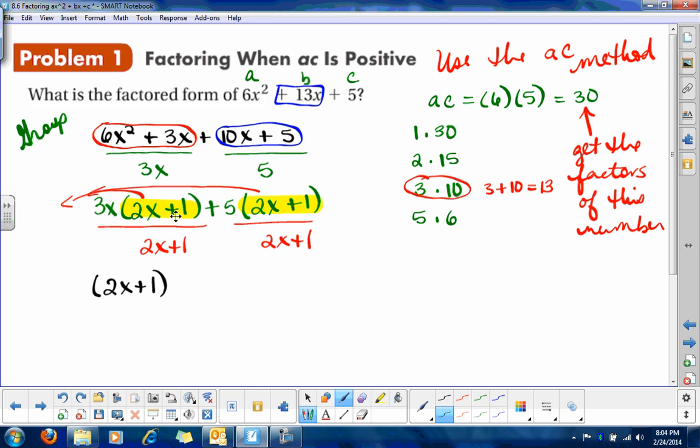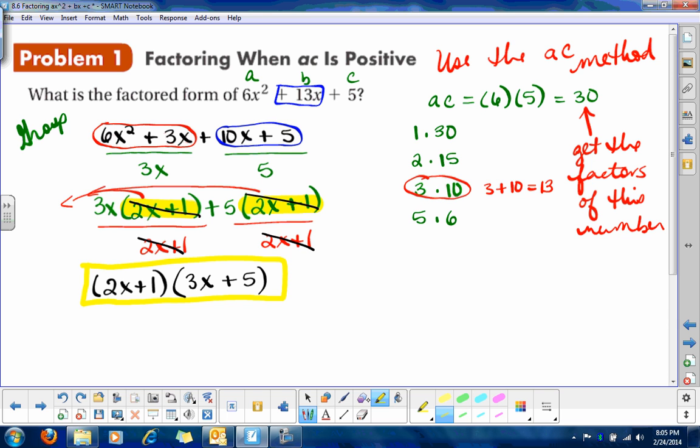The 2x plus 1 here and the 2x plus 1 here will cancel, and what's left is the 3x. And over here, again, the 2x plus 1 cancels, and we're left with a positive 5. And there you have your two binomials. This is your final answer.